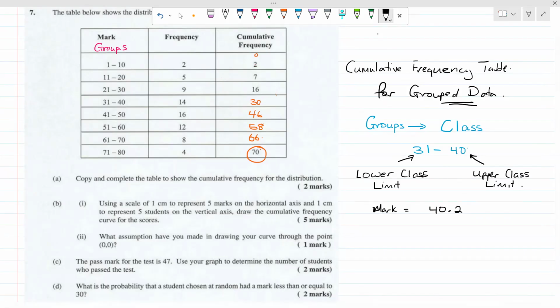Because in each class, there's something called class boundaries to help us deal with values like this. So class boundaries work like this. We have a lower class boundary and we have an upper class boundary.